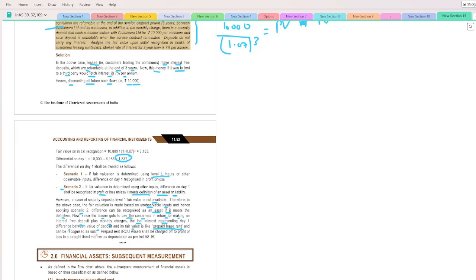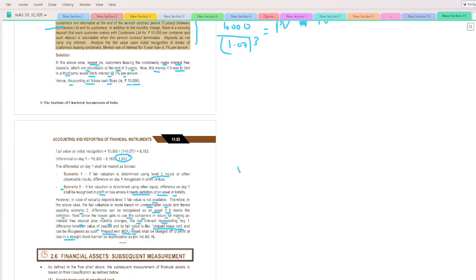It can be recognized as prepaid rent, a right of use asset, and shall be charged to the P&L on a straight line basis. So, what will be the accounting entry here in the books of the lessee, that is, in the books of the customer?